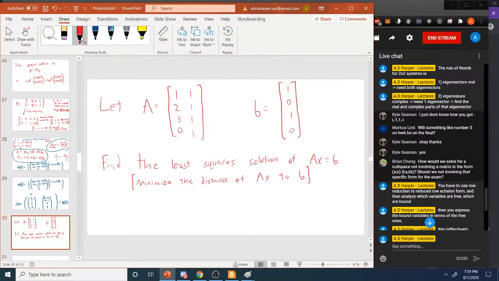We note that we have the following formula. X will be equal to A transpose times A, you take the inverse of it, and then you multiply it through by A transpose times B. And this is the solution.